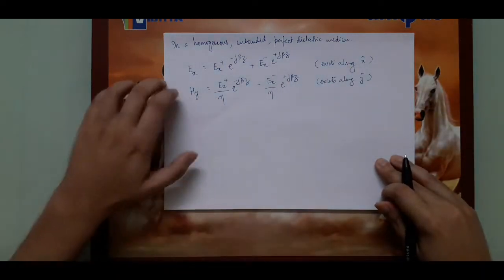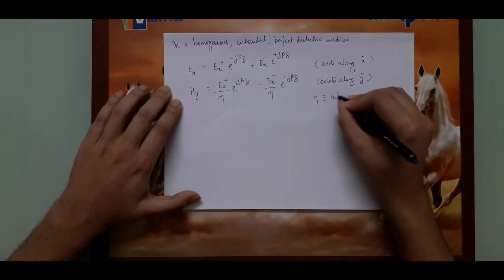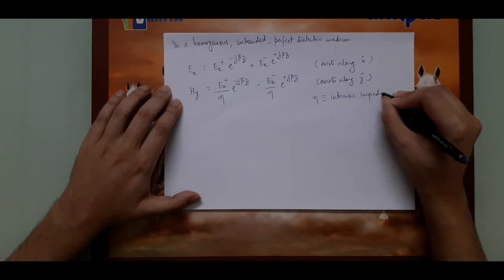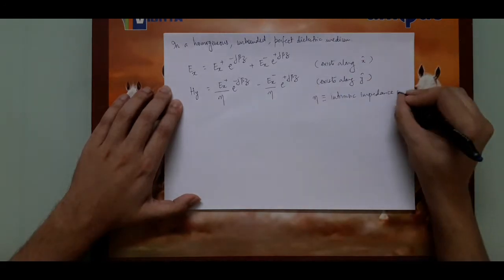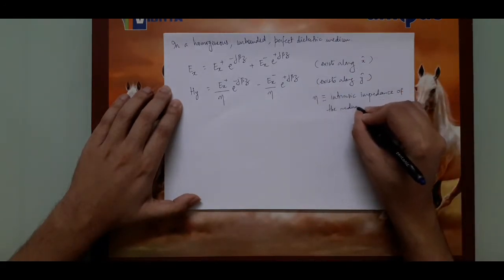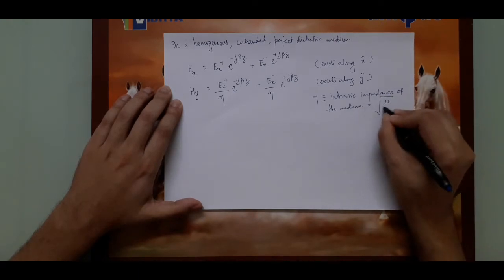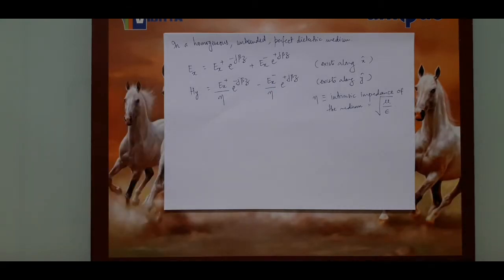So this eta is the intrinsic impedance. Intrinsic impedance of what? Of the medium. Which we saw is defined something like this: the root of mu by epsilon of the medium.